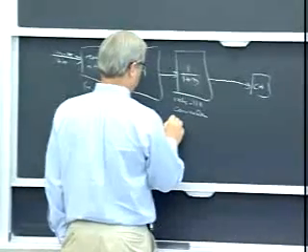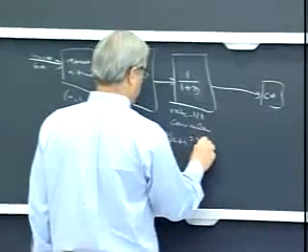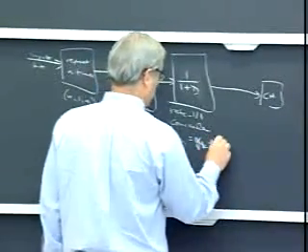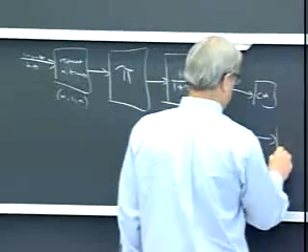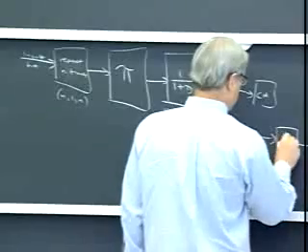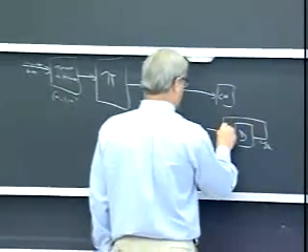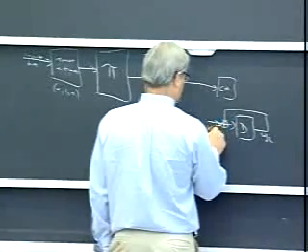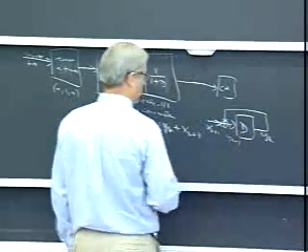That means that y_{k+1} is equal to y_k plus x_{k+1}. So we have x coming in. Here's one delay element. Here's y_k coming out. And there's what that looks like, x_{k+1}, y_{k+1}.